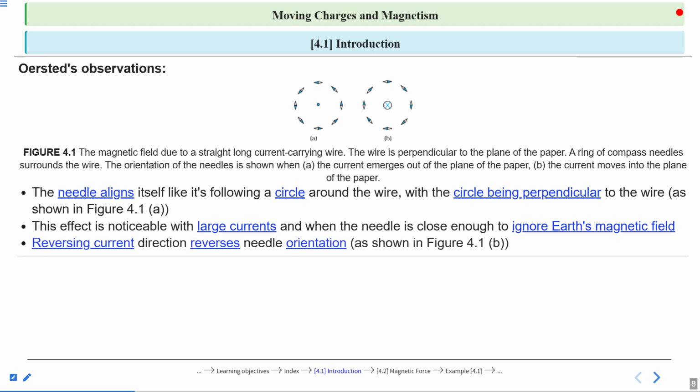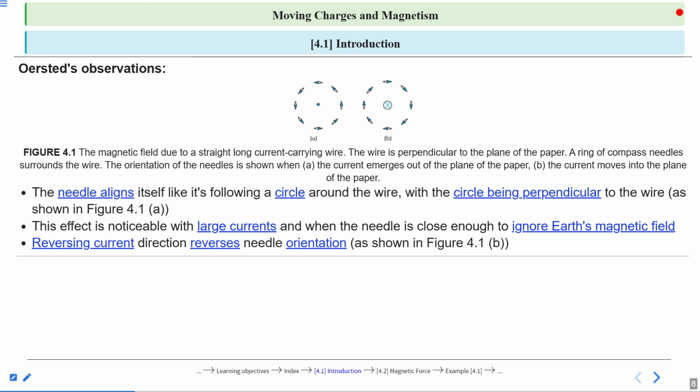So reversing the current direction reverses the needle orientation. You can see in diagram 4.1b, we have reversed the direction of current. In A, current is coming outward from the plane. Now in B, current is going inward into the plane. Reversing the direction reverses the needle orientation.